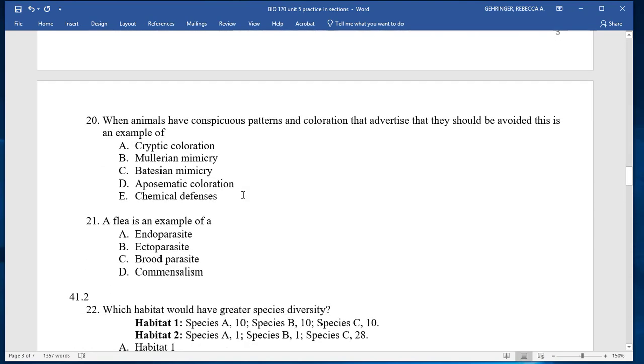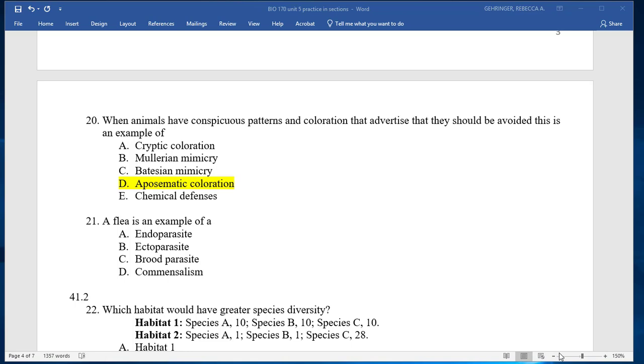20, when animals have conspicuous patterns and coloration that advertise that they should be avoided, this is an example of aposematic coloration. A flea is an example of an endoparasite, ectoparasite, brood parasite, or commensalism.